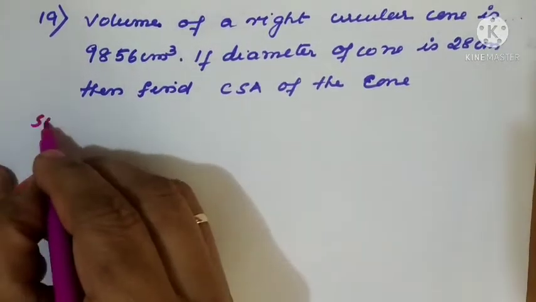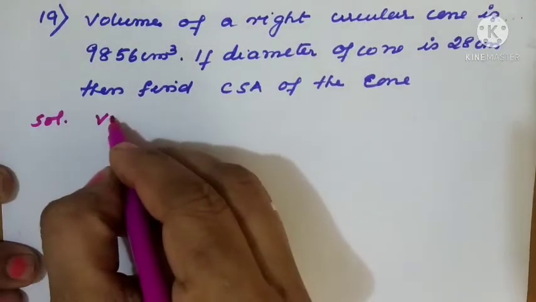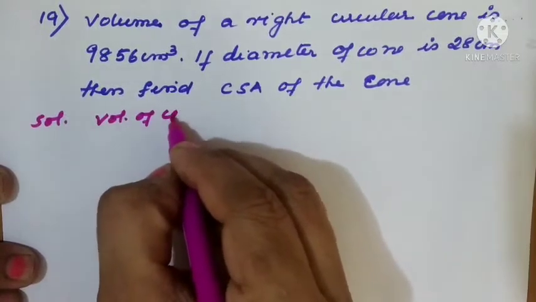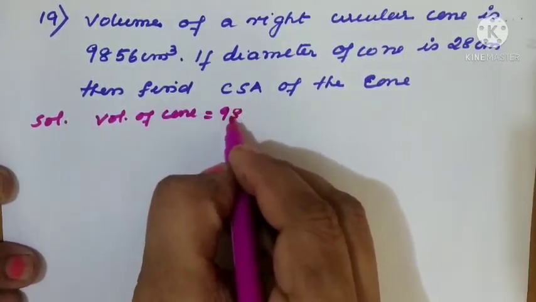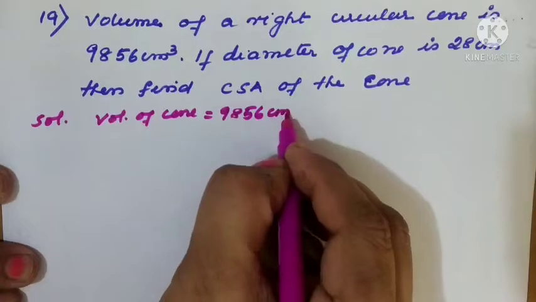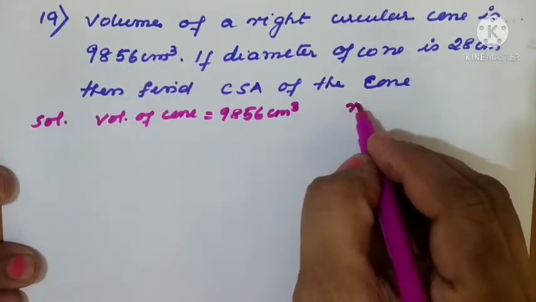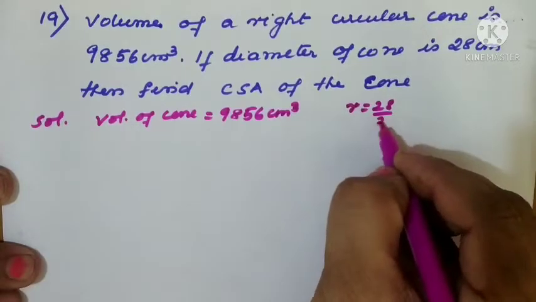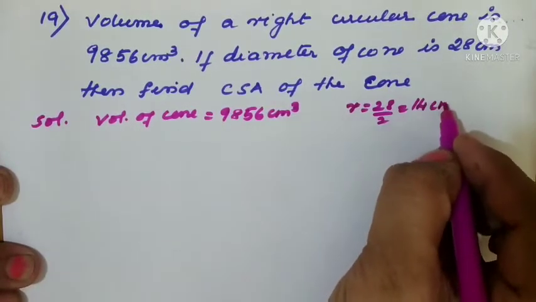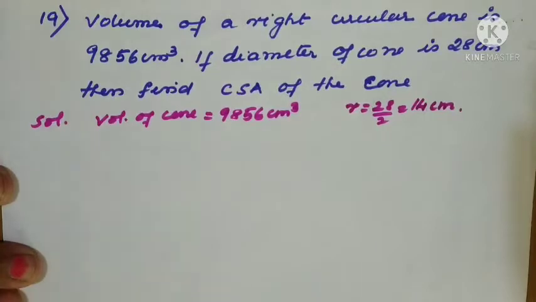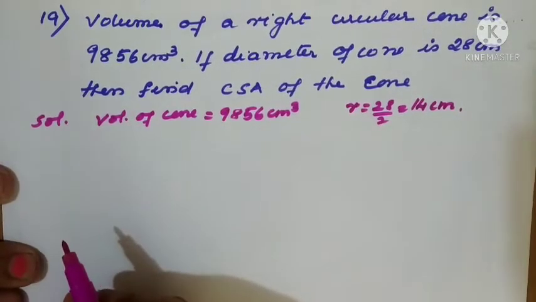So solution: volume of the cone equal to 9856 centimeter cube. Okay, the diameter of the cone is given, so we should write that r equal to 28 by 2 equal to 14 centimeter. Now the question mark is for which one? Curved surface area.